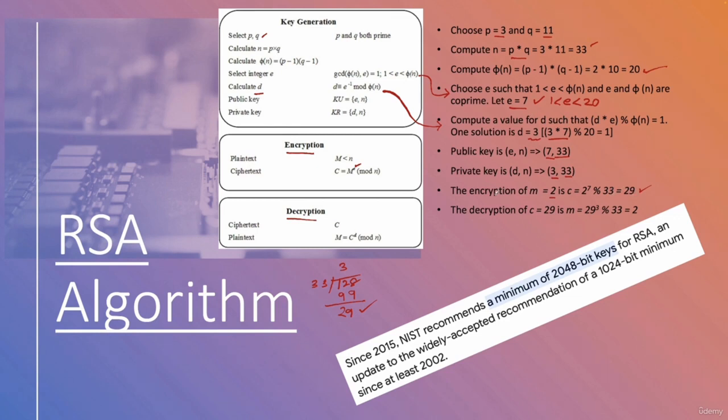Now, what is decryption? We all know by now that decryption is nothing but the reverse, wherein your input becomes your ciphertext. Now I need to go back and get my plain text. How do I get my plain text? I start with my ciphertext and raise it to the power of d. What was d? We remember d is 3.